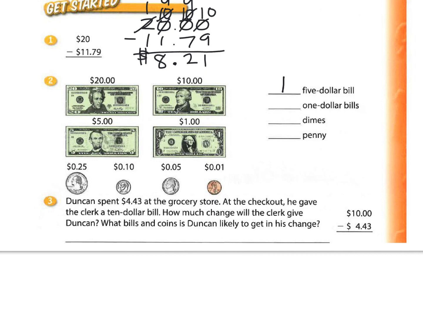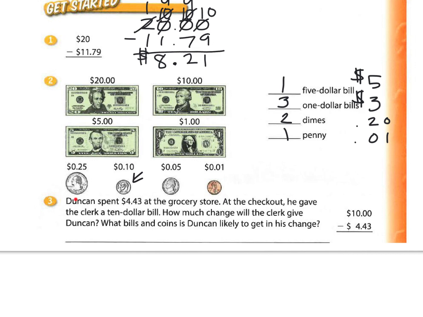And then to get to $8, we would need 3 more $1 bills. So we have 5 plus 3, that gives us $8. And then how many dimes? We have 21 cents, so we would need 2 dimes because that would be 20 cents, and then 1 penny. So then that equals $8.21.